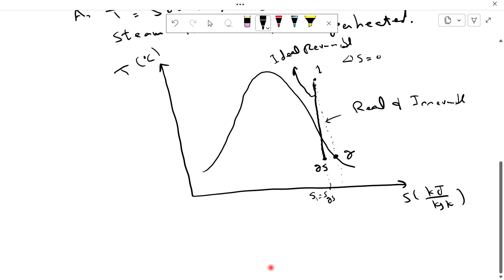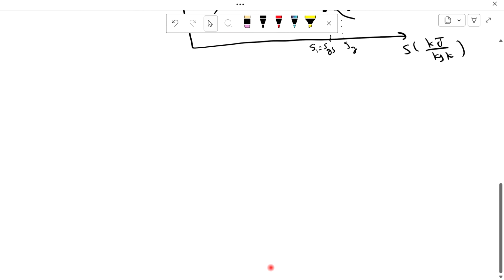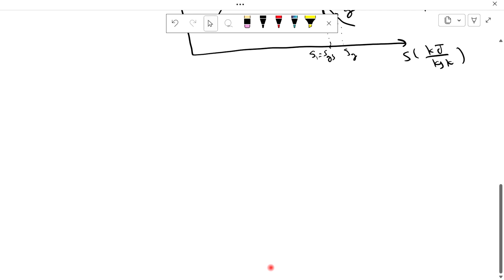This is the reversible process, and in this process S2 is greater than S1. So change in entropy is equal to 0 or greater than 0. These are the two cases. There is no concept of decrease of entropy, so change in entropy is greater than or equal to 0. This is the TS diagram for the adiabatic process.